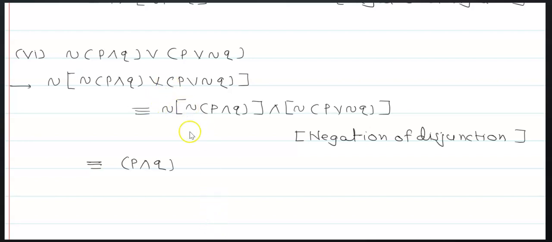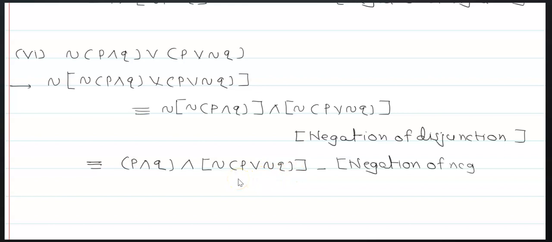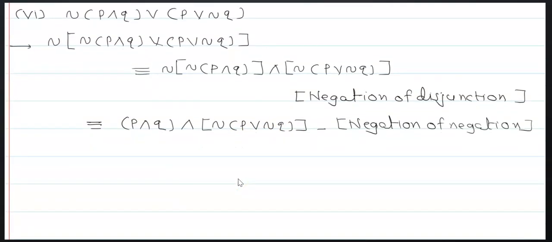Therefore, negation of negation, that is P and Q, and in bracket negation of P or negation of Q. That is negation of negation.